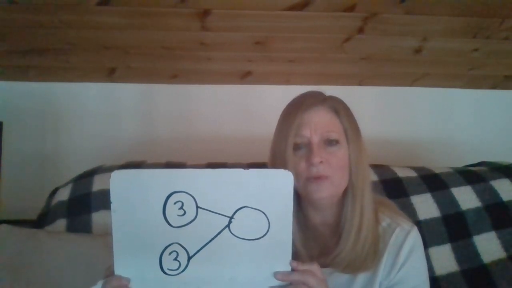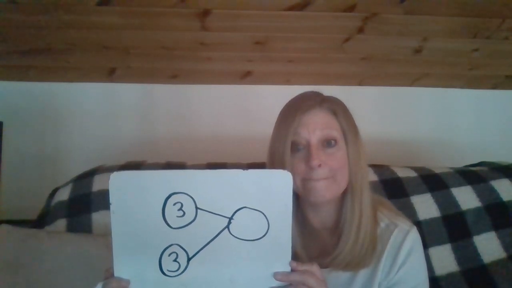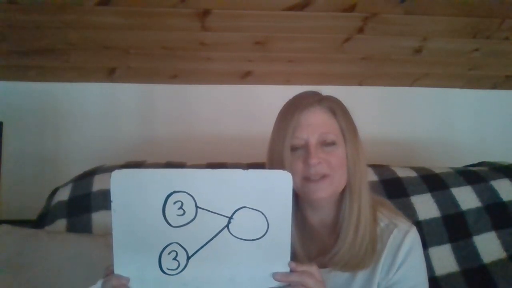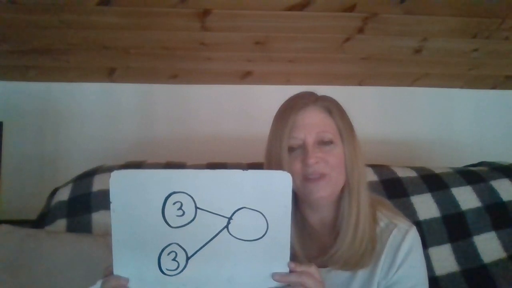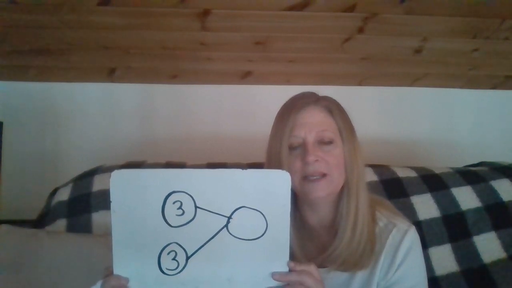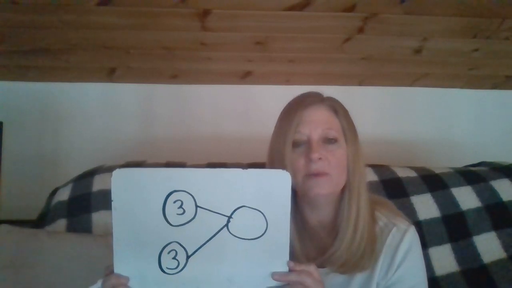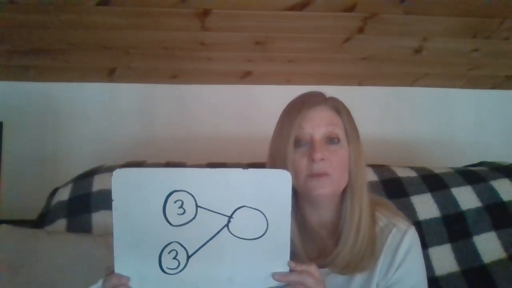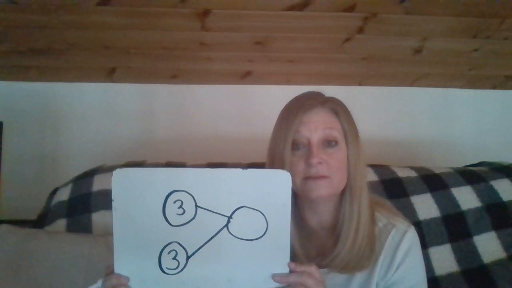Do you know what the answer is for the whole? I'm giving you a couple seconds to see if you can think about how we could do that. If we put those parts together, we're going to get the whole. I'm going to pause the video here because I'm going to give you some choices.